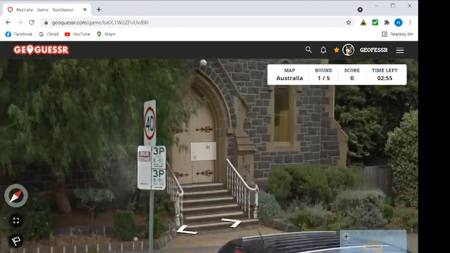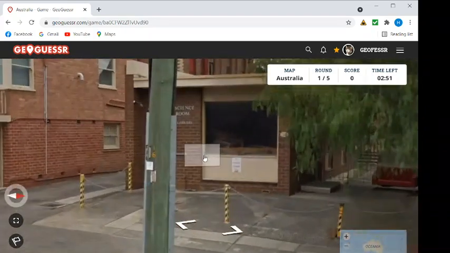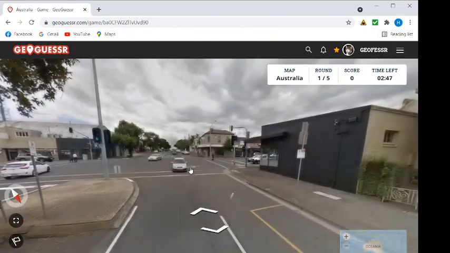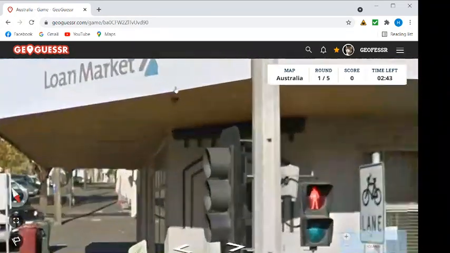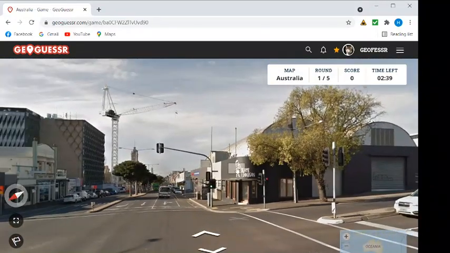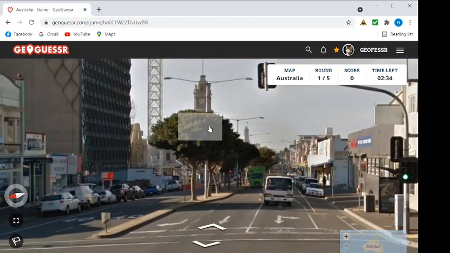Okay, we've got a wall made of black rocks. Christian Science reading room. Ryrie Street. Okay, I think it's probably one of the metropolitan areas.